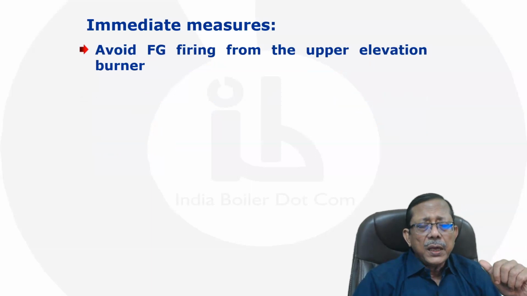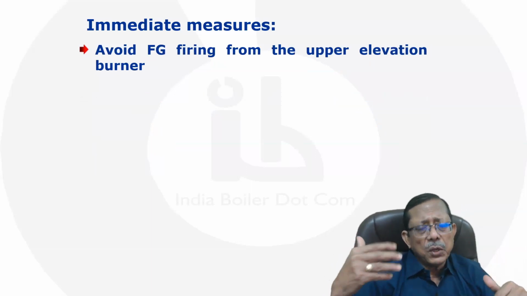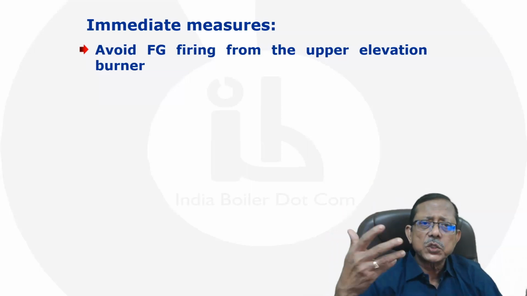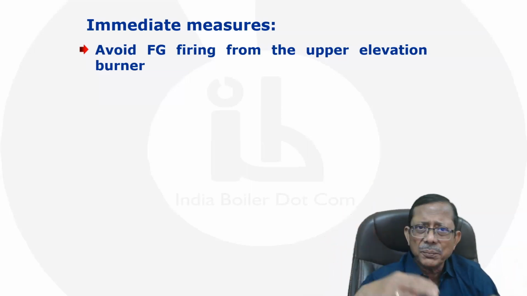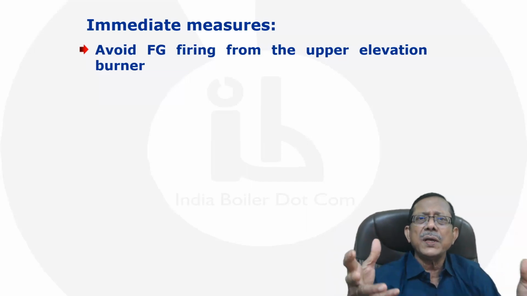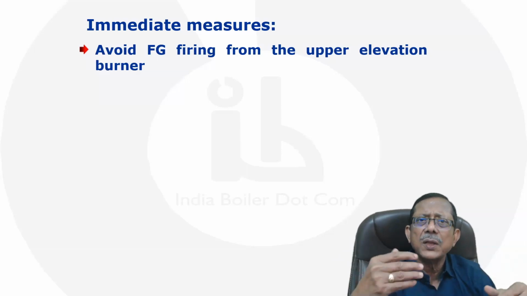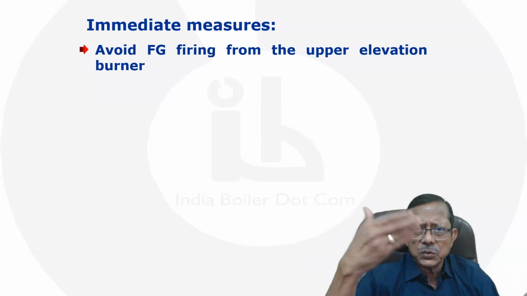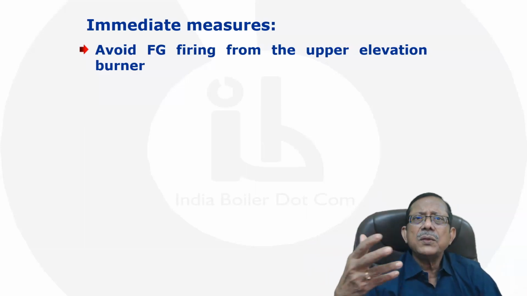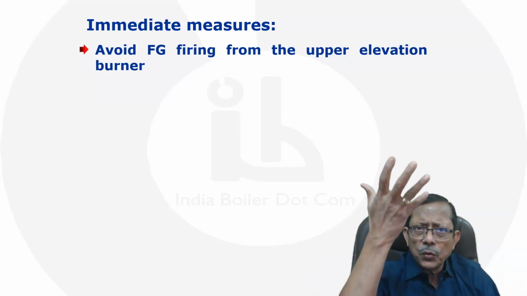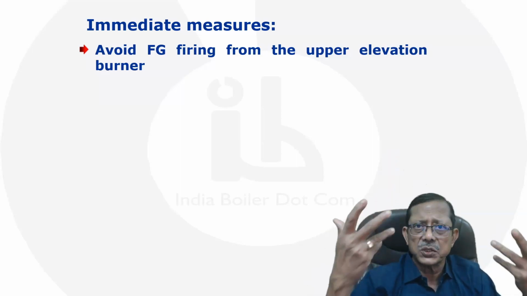Next, the FG firing on the upper elevation, because I have found that the upper elevation furnace is showing a little higher temperature. The spray temperature is also on the higher side, right? When you have gaseous fuel and operate the upper elevation burner, because they have two burner elevations, it has more tendency to go towards the upper part of the furnace faster, right?